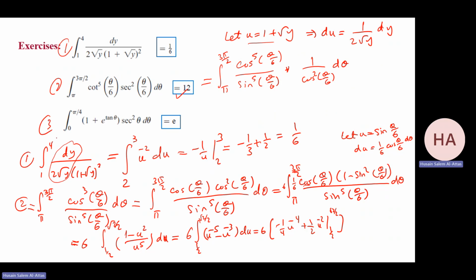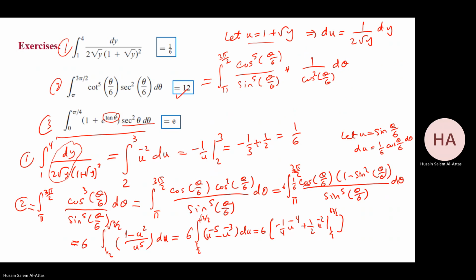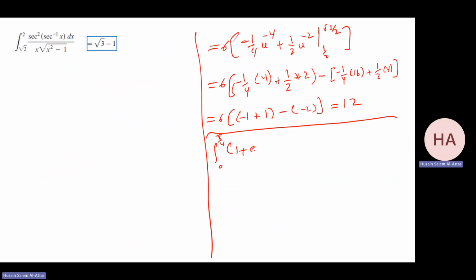Which is this one? Okay, let me do this, which I think is very easy. Very clearly, this is u, this is du. So let me do this. The integral from 0 to pi over 4 of (1 plus e to the tan theta) times secant squared theta d theta. That's it. Okay, the answer is E. So I let u equal tan theta. What will be du? Secant squared theta d theta.